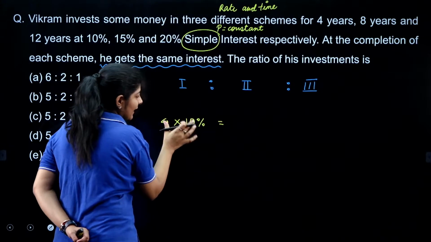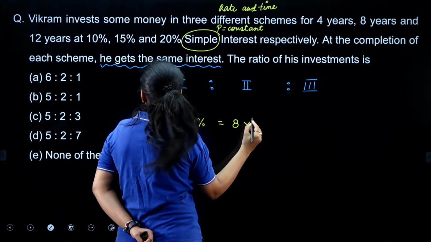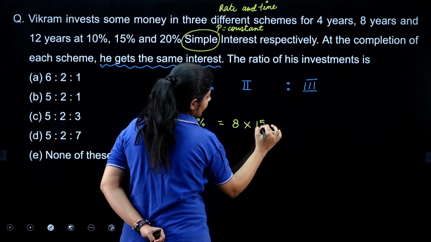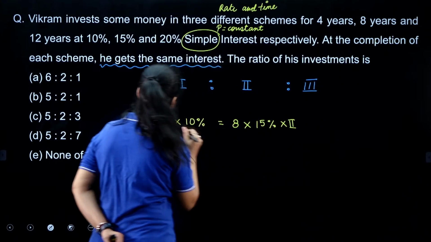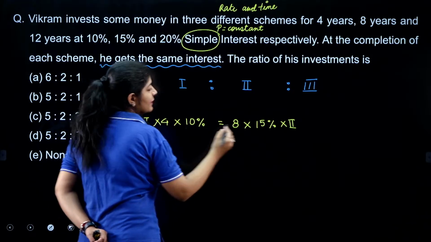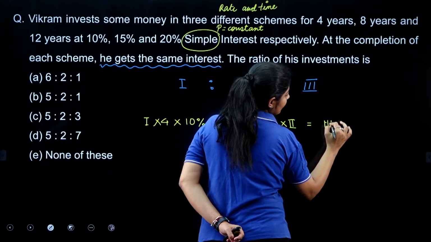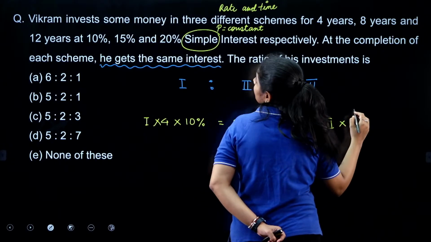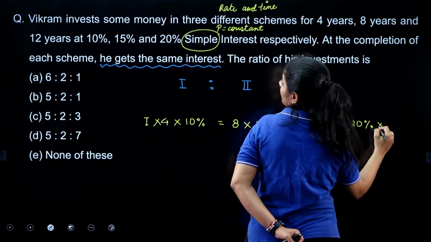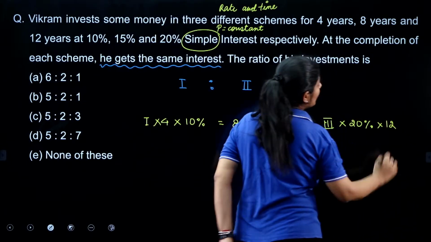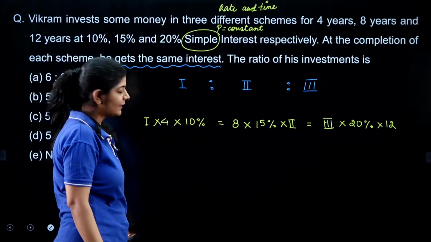Whatever interest I am getting over here is equal to 8 into 15% of the second. I'll write down second also over here, which is equal to the amount invested in the third scheme at 20% rate of interest for 12 years. First, I need to find the relation between these 3 terms.